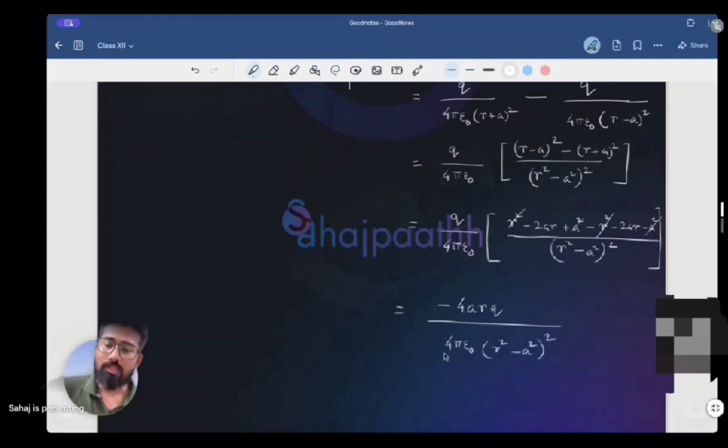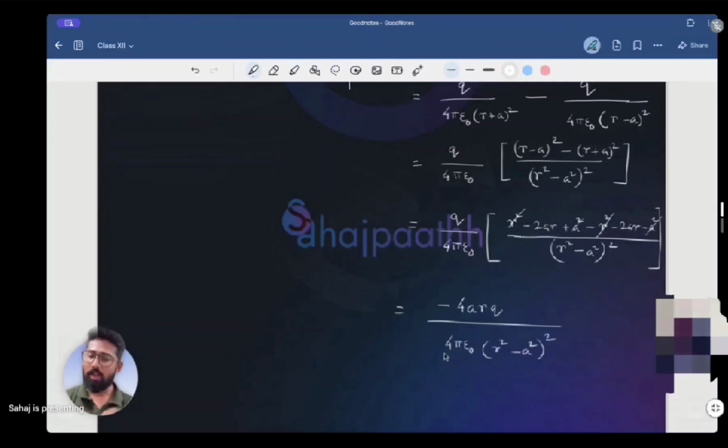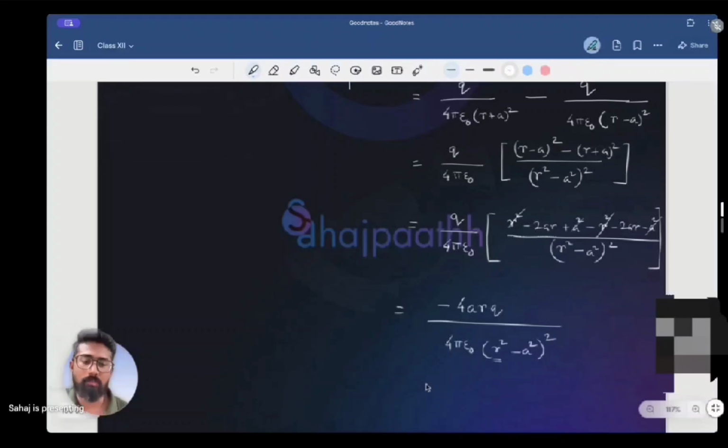Now remember I said that the distance between the charges of the dipole is very small. We like to think that the distance is so small. Say you've got a sodium chloride molecule. This is very small. It's a few angstroms. Very small compared to this r here. So we actually say that r square minus a square is very nearly equal to r square.